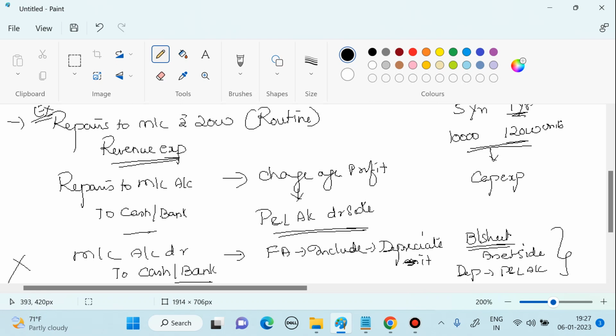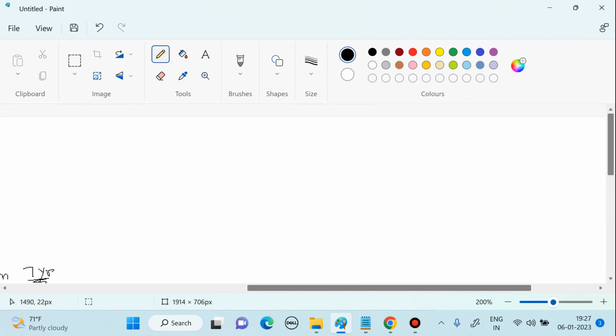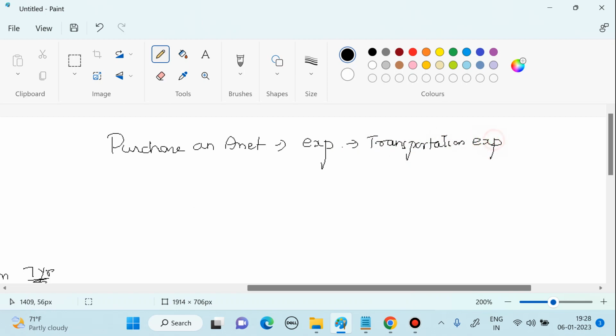So, like this, expenses which are revenue type, you are treating as capital expenditure, that's a mistake. Similarly, when you purchase an asset, some expenses might be incurred in the purchase of that asset. Like you have to pay for the transportation of that asset. We have seen the depreciation topic now. We have to transport that particular machinery from the vendor's place to your place.